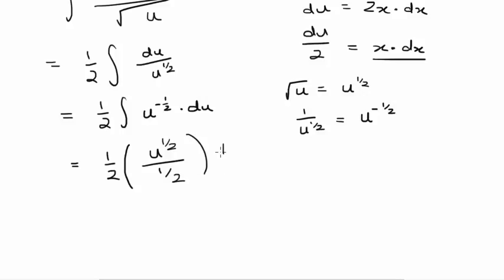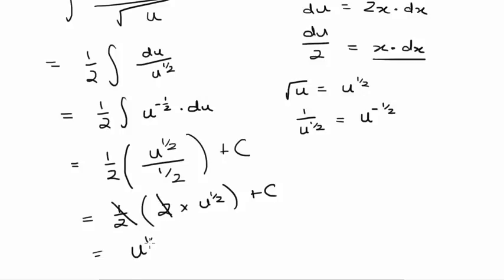And of course, we're going to add the c at the end, which is a constant of integration. And any quantity divided by half is really the same as 2 times the quantity on the numerator, right? And we have half times 2, so that goes away. That becomes a 1, but I treat it as an elimination, and what we get is u to the half plus c.